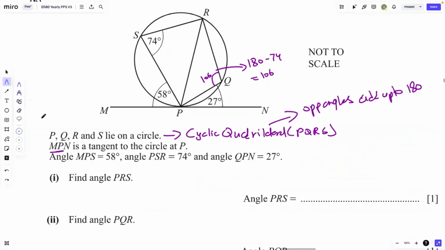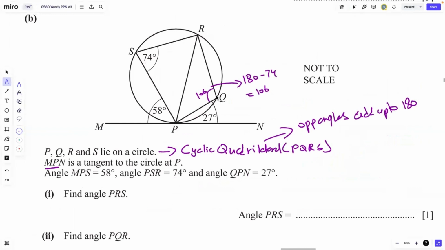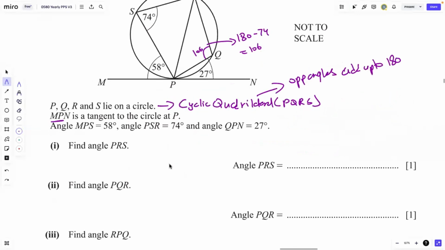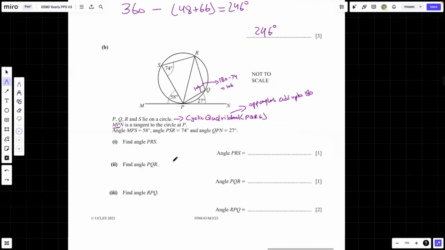Let's read further before we think about what we can figure out. We can figure out more angles, but let's just quickly see what the requirement of the first part is. There are two ways you can approach circle theorem questions. You could try to find as many angles as you possibly can and then look at the requirements, which is usually the more preferable way if it's a long question.